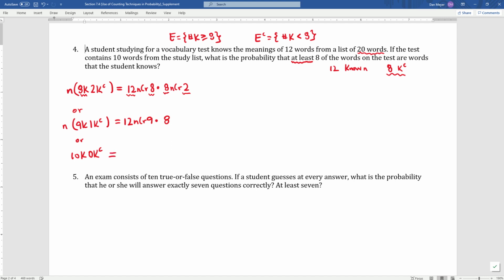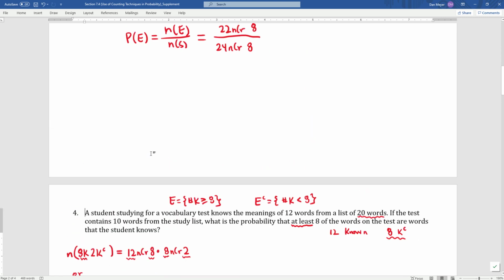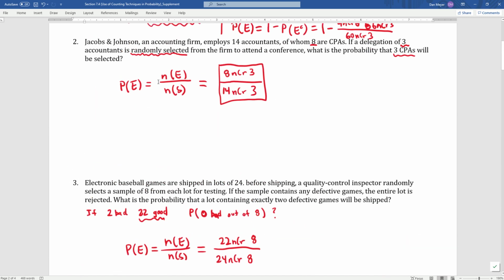All right. For this last case, 0 unknowns is not really a task, so let's not even worry about it. Choosing 10 known words: from the 12 known words, we have to choose 10. By the way, this zero unknown words is the same thing that we did in 3 and 2.